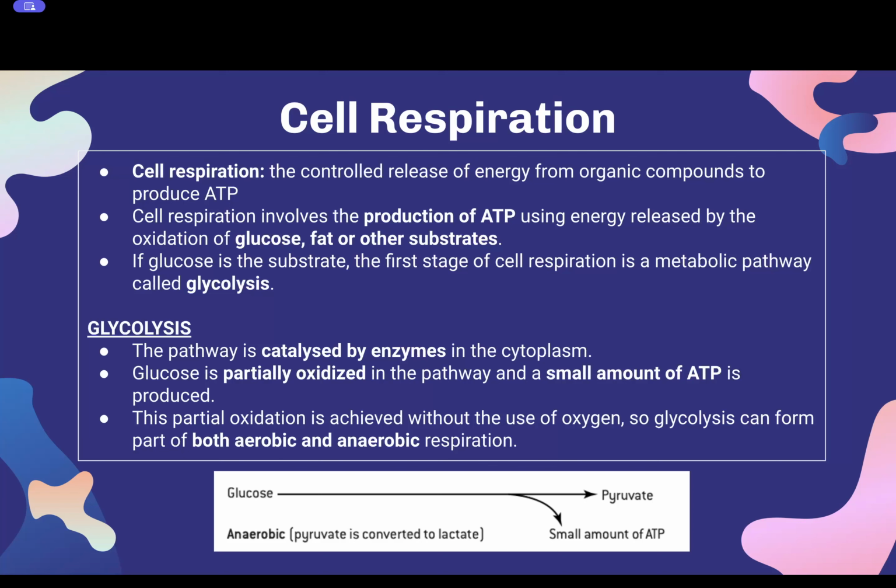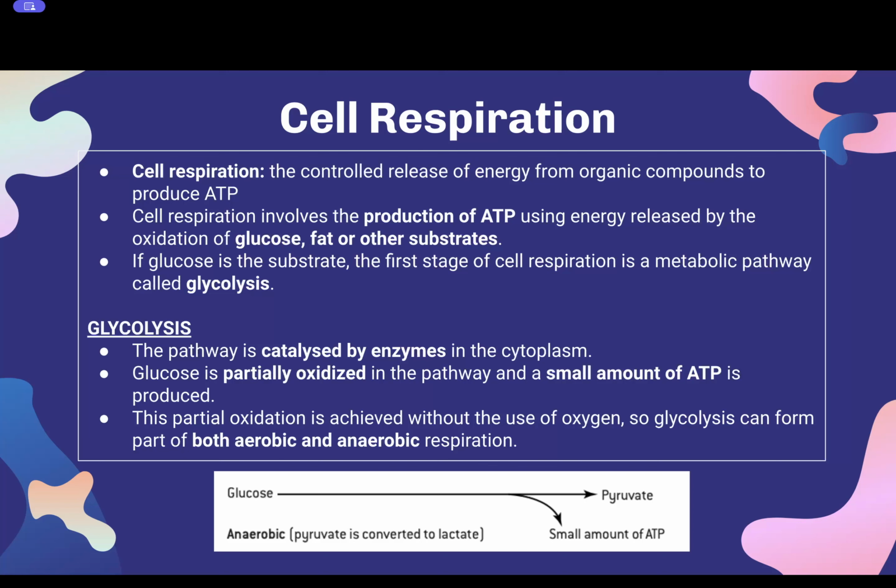When it's anaerobic respiration, the pyruvate that's created from this step converts into lactate or lactic acid, in humans at least, and that's where it stops. But of course, we're going to be studying aerobic cell respiration, so we will learn about where it goes after glycolysis.